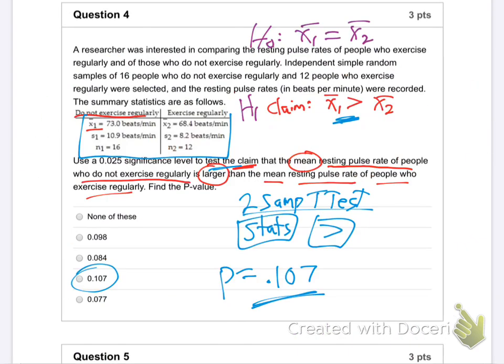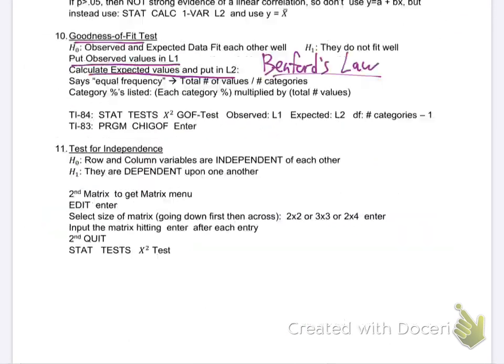Then what do we do? Well, it depends if you've got an 84 or an 83. For the people with the TI-83, they just go program the chi GOF and hit enter. It's a little quicker.